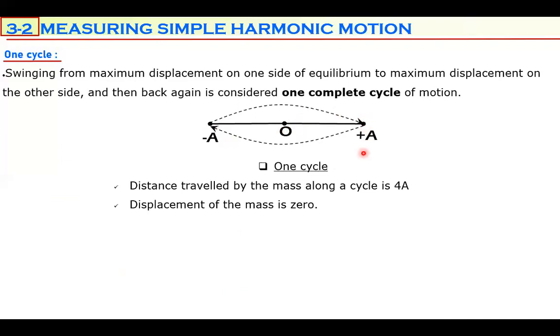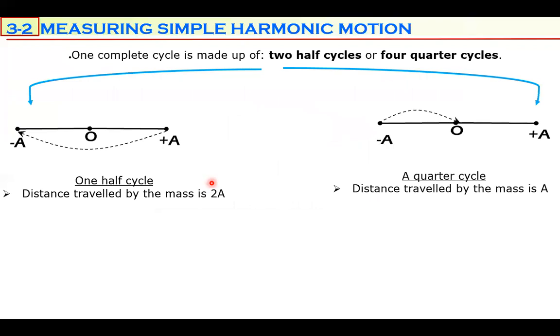But the displacement of the object is 0, so it goes back to where it started. After one cycle, the distance traveled is always 4A, and the object will return to where it was, so its displacement is always 0 after one cycle. And this is half cycle.